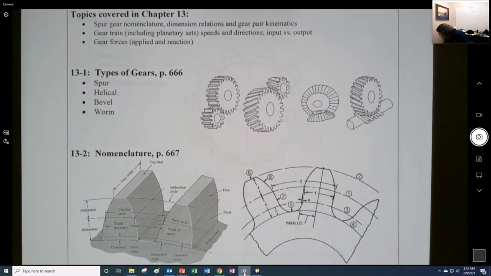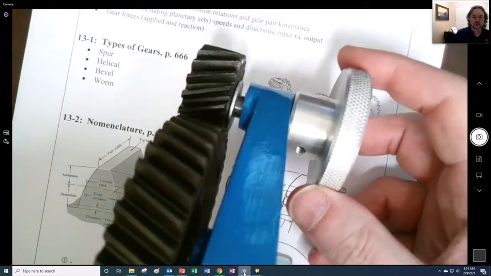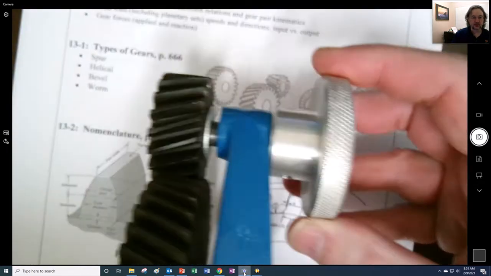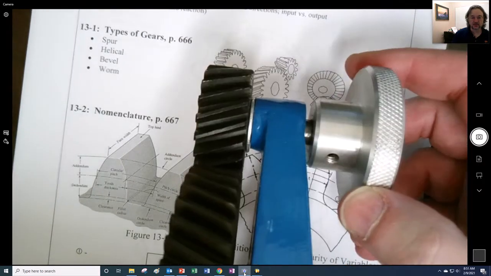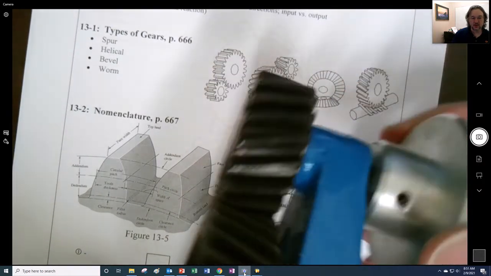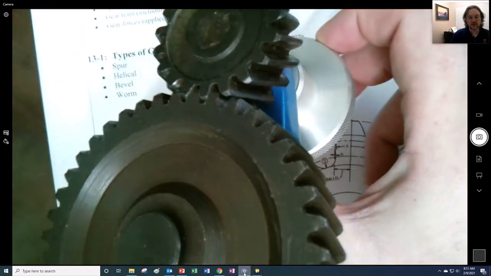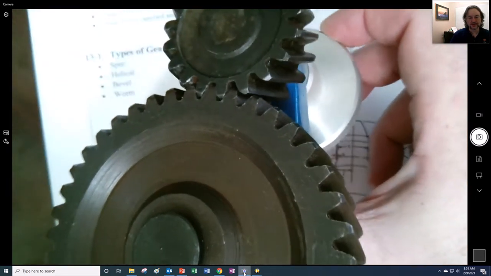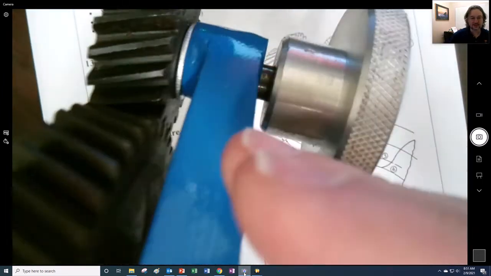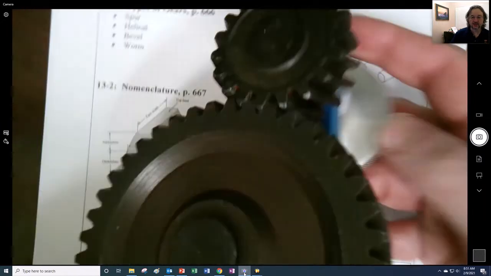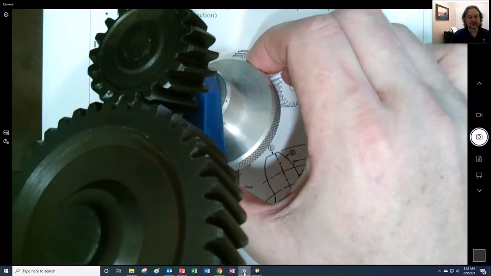As opposed to helical gears, which, when we look right there, have a slant to them. So they're not straight out. When they meet right here, there's this rolling action more on the face. There's more surface contact because it's a diagonal line right there. So that is your helical gear interface right there.